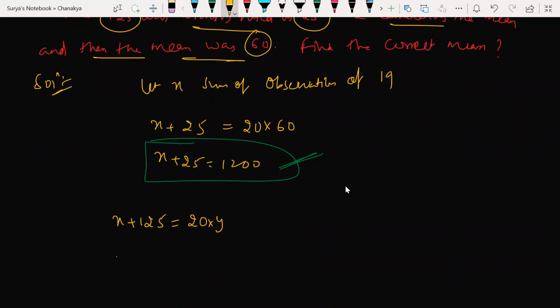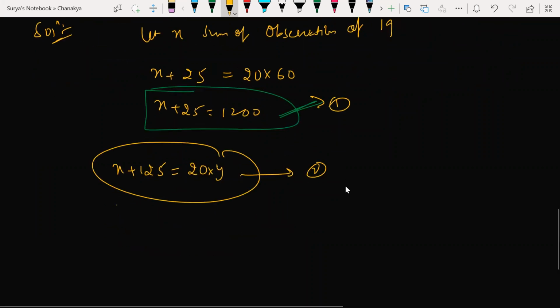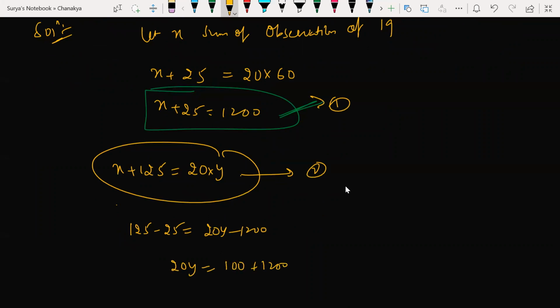If I subtract, x will cancel. So 125 minus 25 is equal to 20y minus 1200. So 20y is equal to 100 plus 1200, 20y is equal to 1300. So 65 is the answer, not 650.